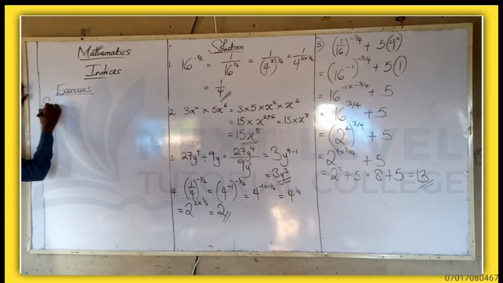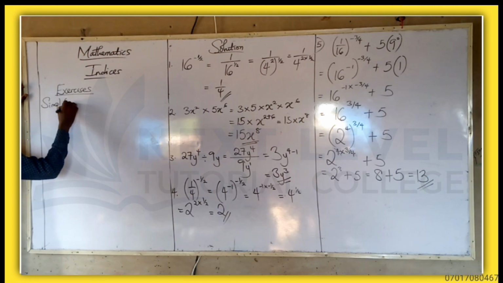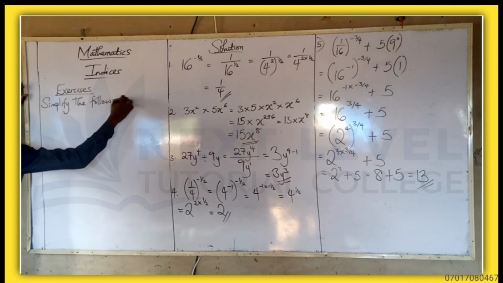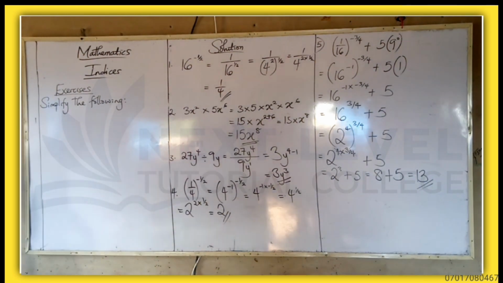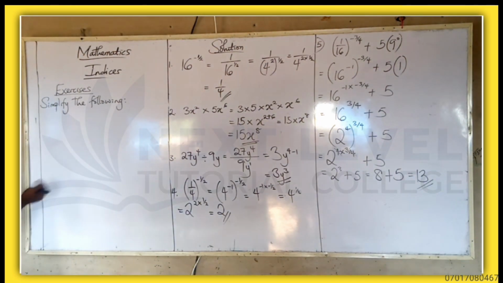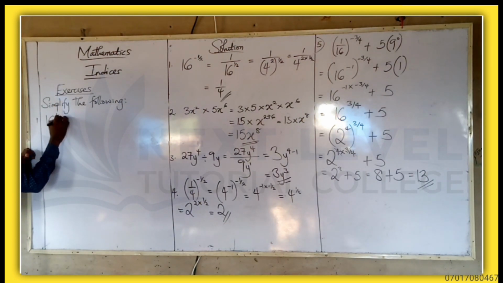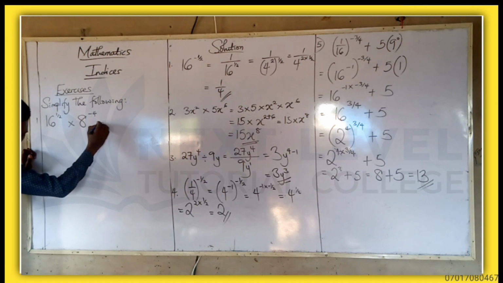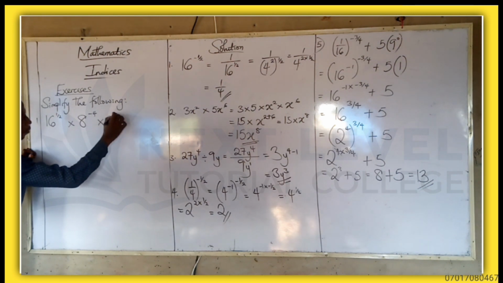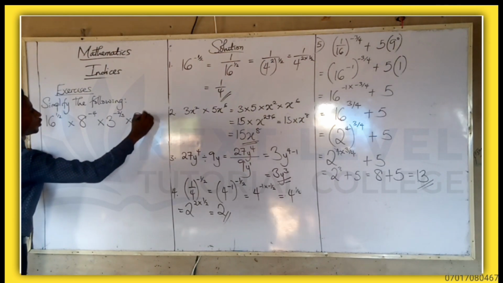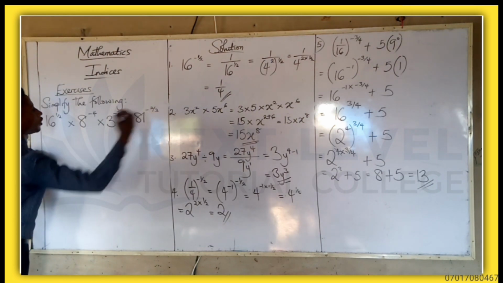So you have to simplify the problem. Number 1. So we have 16 raised to power half times 8 raised to power minus 4 times 3 raised to power minus 2 over 3 times 81 raised to power minus 2 over 3.